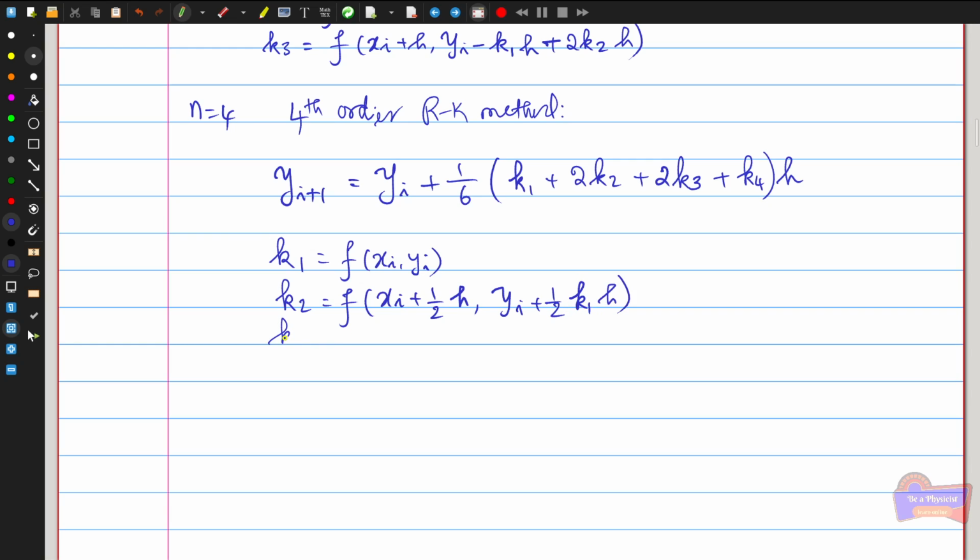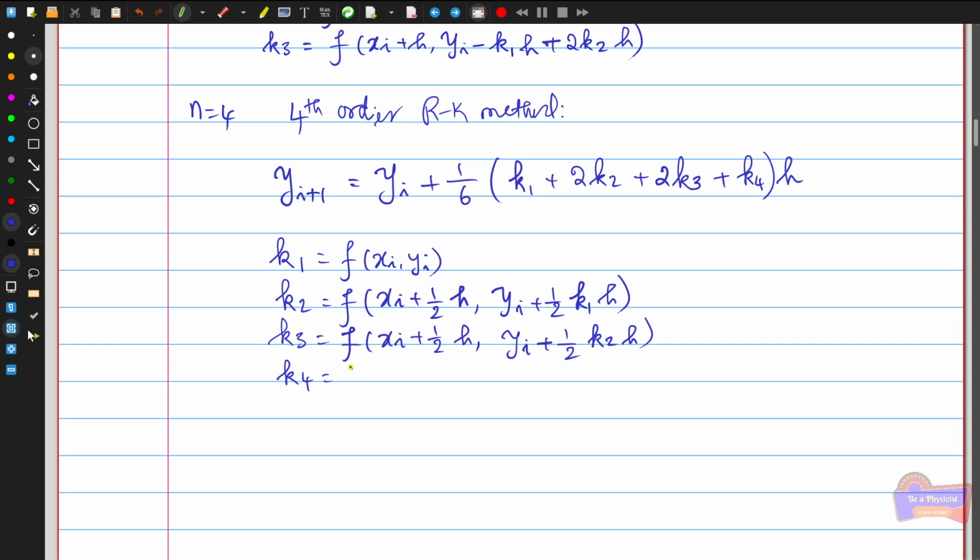The k3 is equal to the function of xi plus 1 by 2 times h comma yi plus 1 by 2 times k2 h, and similarly k4 is equal to the function of xi plus h comma yi plus k3 times h.